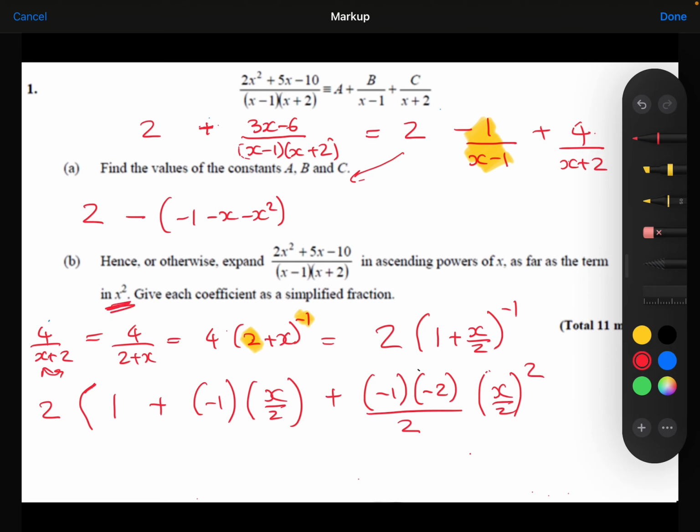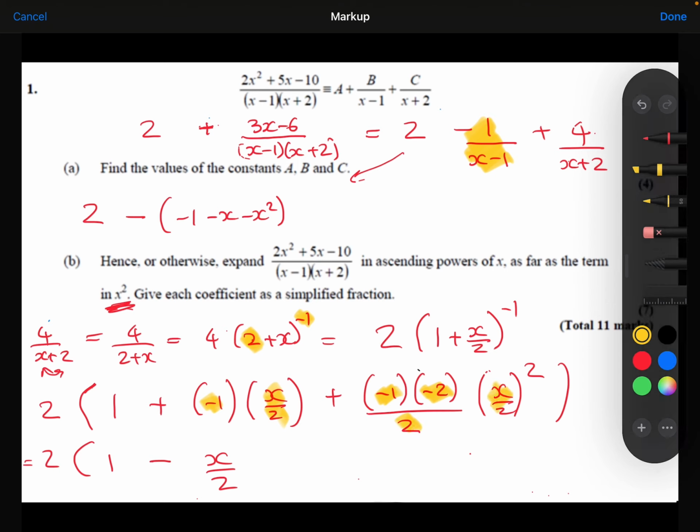And I only need to go to x squared here, so that's why I'm not doing any more terms than that. Simplifying that then, we've got the minus 1 times the x over 2, which is minus x over 2. We've got the minus 1 times minus 2, which is just plus 2, divided by 2, so that's just 1. And then the x over 2 squared will become x squared over 4.